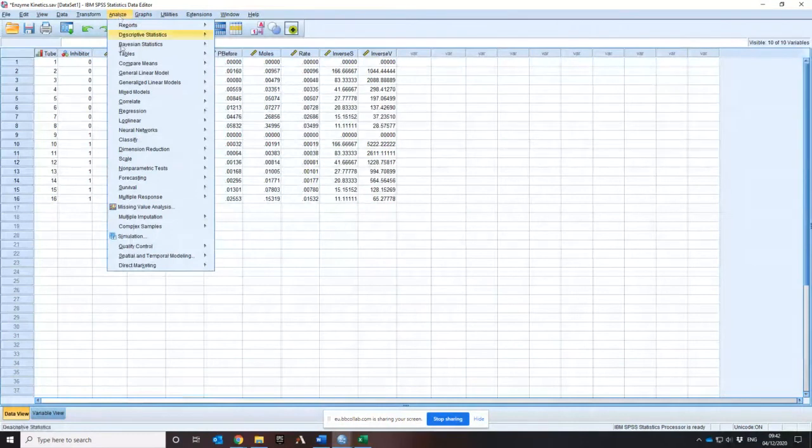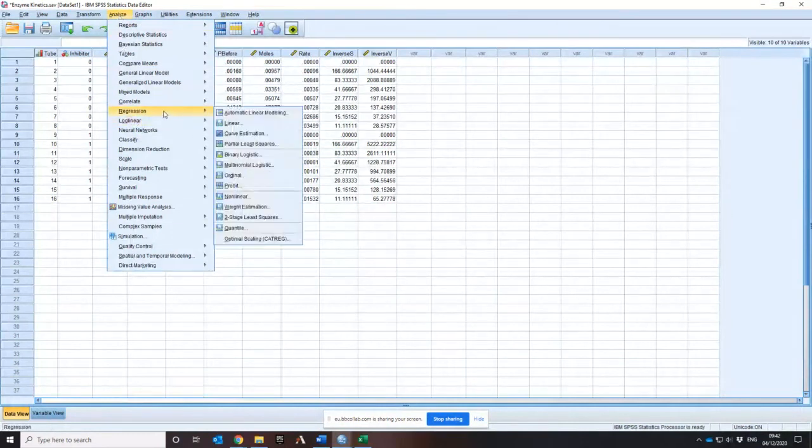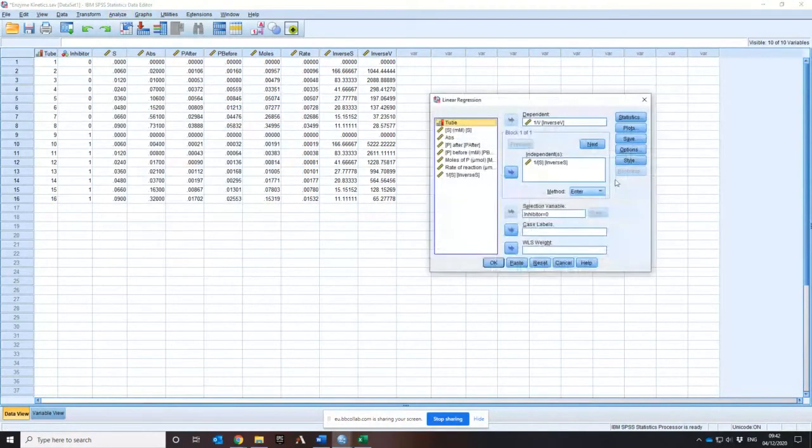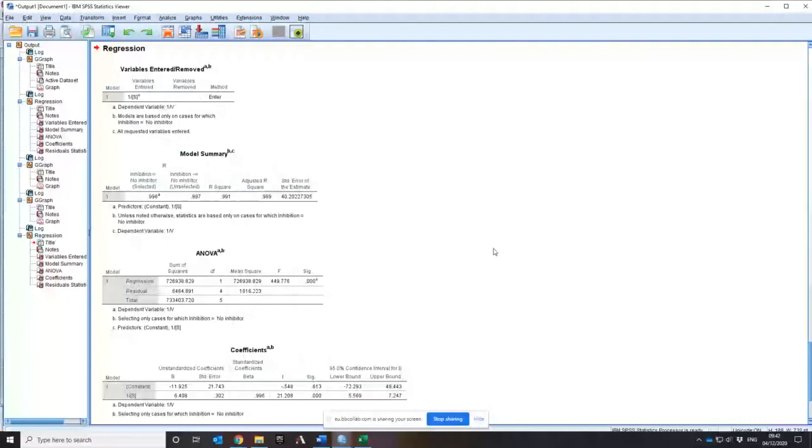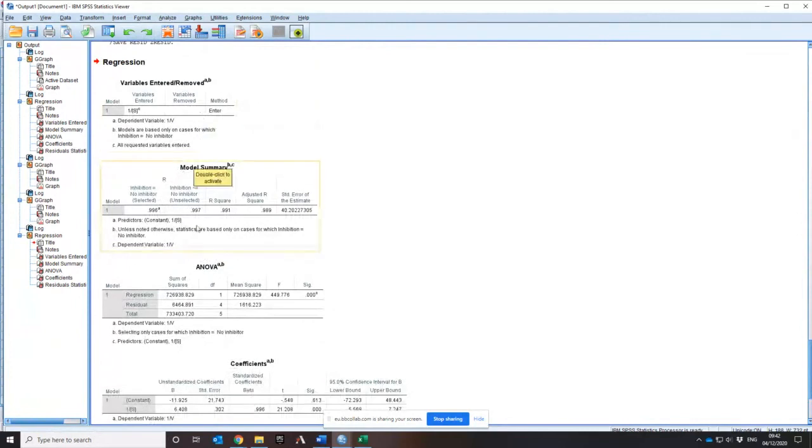So now if I go back and I do my analyze and my linear regression, it's saved all the things that I used before. So I've not changed my model at all. I've just marked that one point as a missing value to get rid of and press OK. Now I've got my new regression model built exactly the same way.